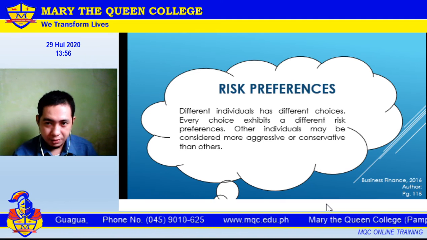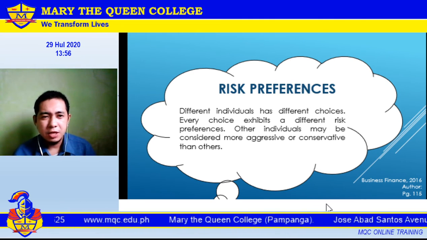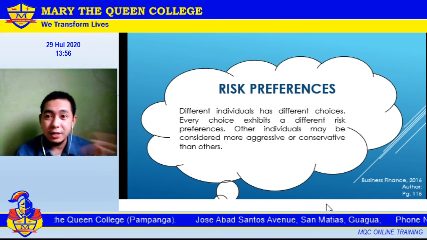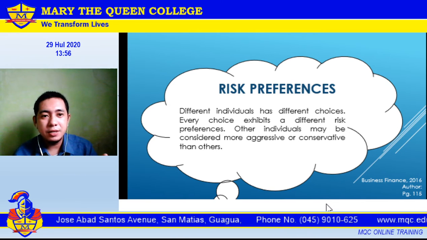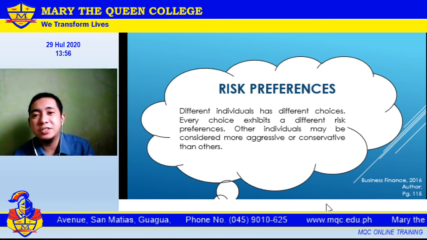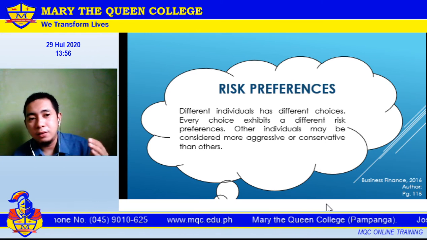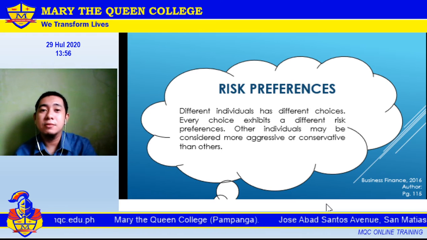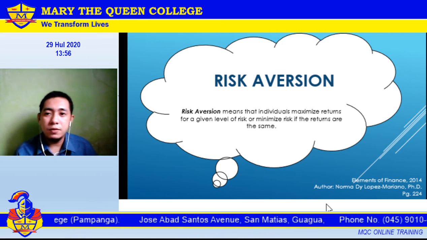Individuals may be considered more aggressive or more conservative than others. Merong play safe at meron namang sugal ng sugal, 'di ba? So, alin ka doon? Financial managers have different risk preferences. Willing ka bang lumaban o willing ka ba na yung sakto lang? That's your preference.